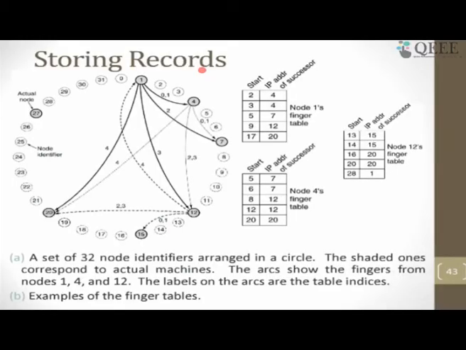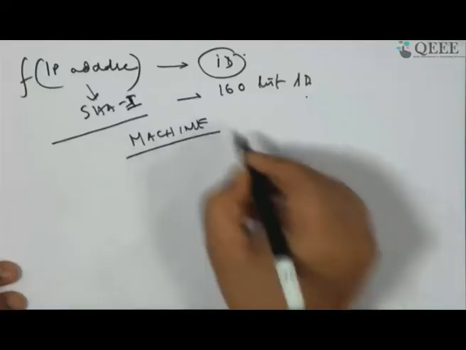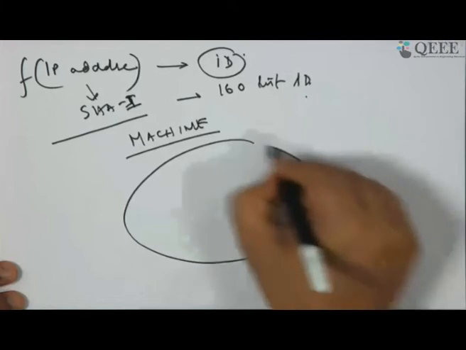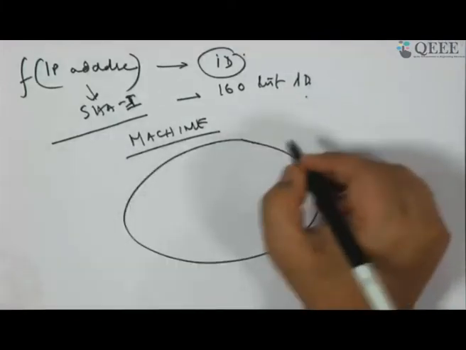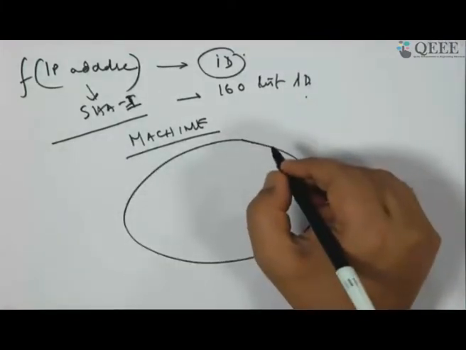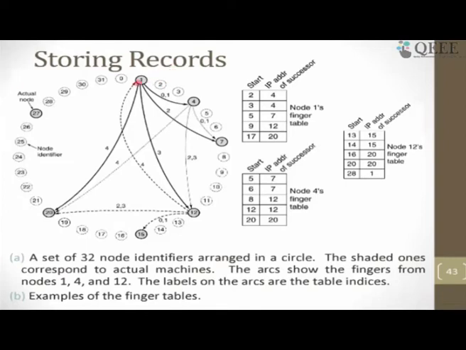Now you see the machines are arranged in the form of a circle. How are they arranged?